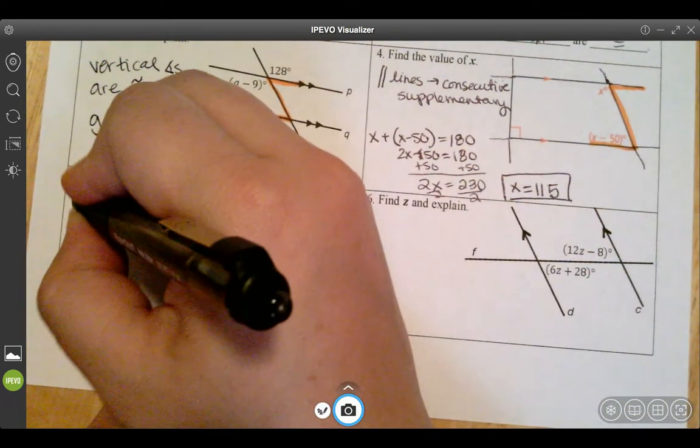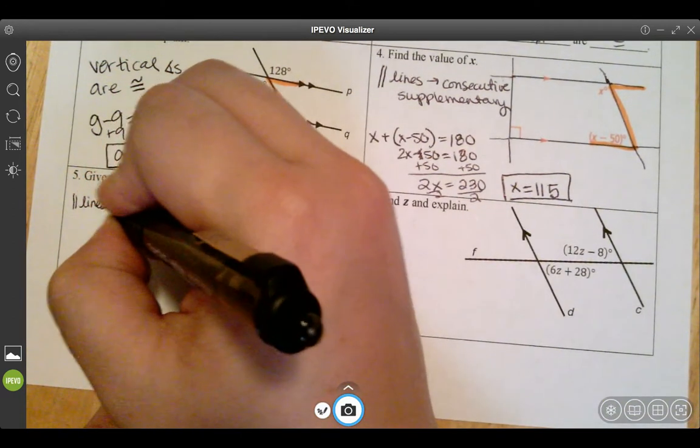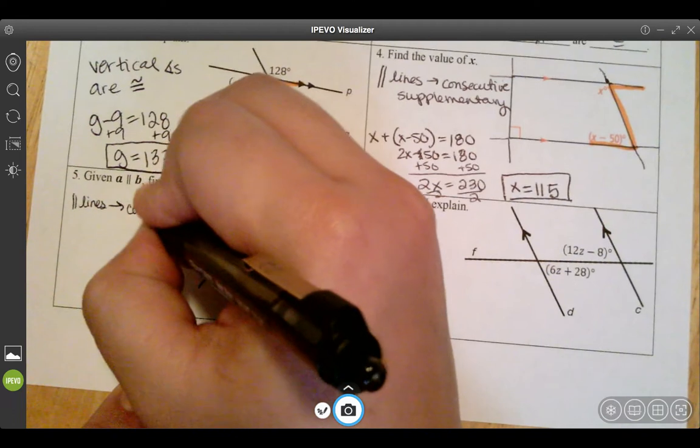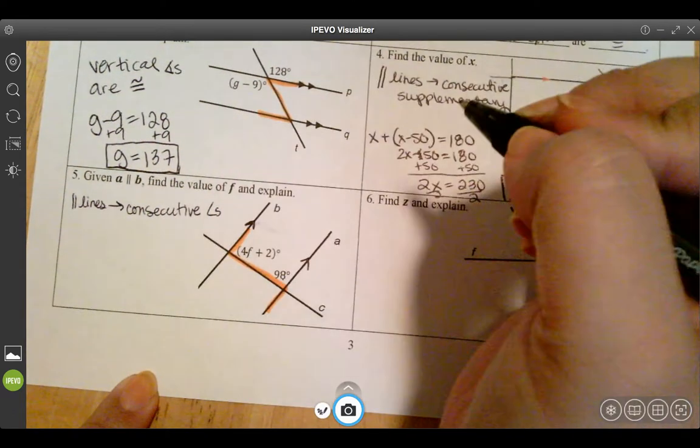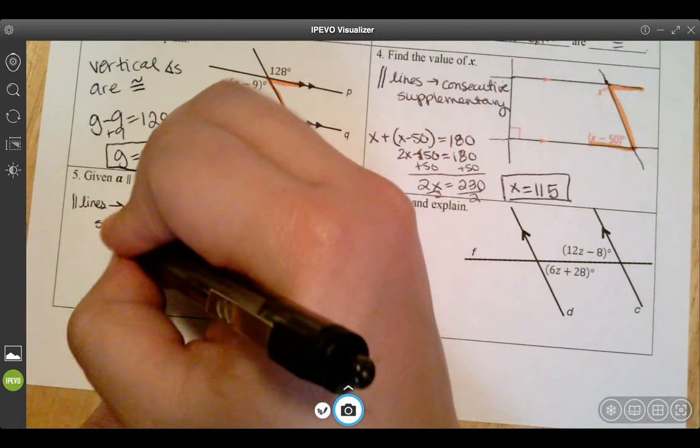So parallel lines, consecutive angles means supplementary.